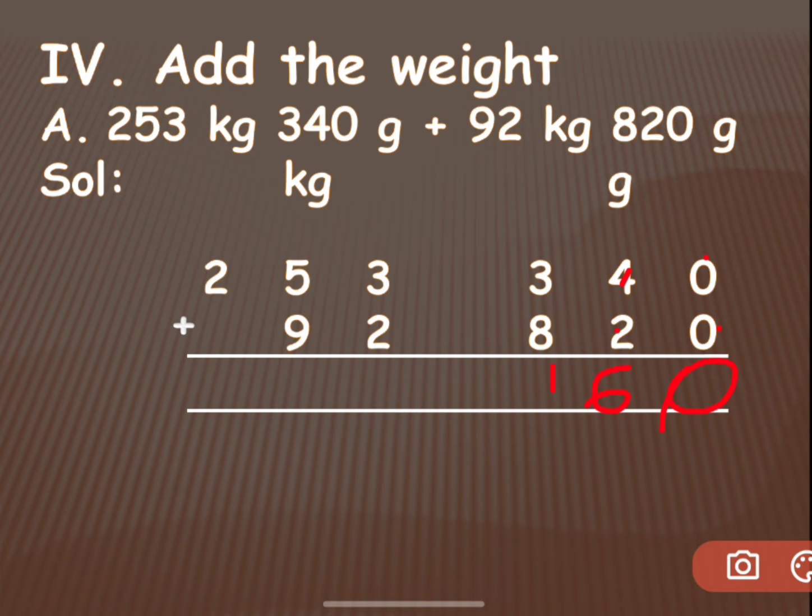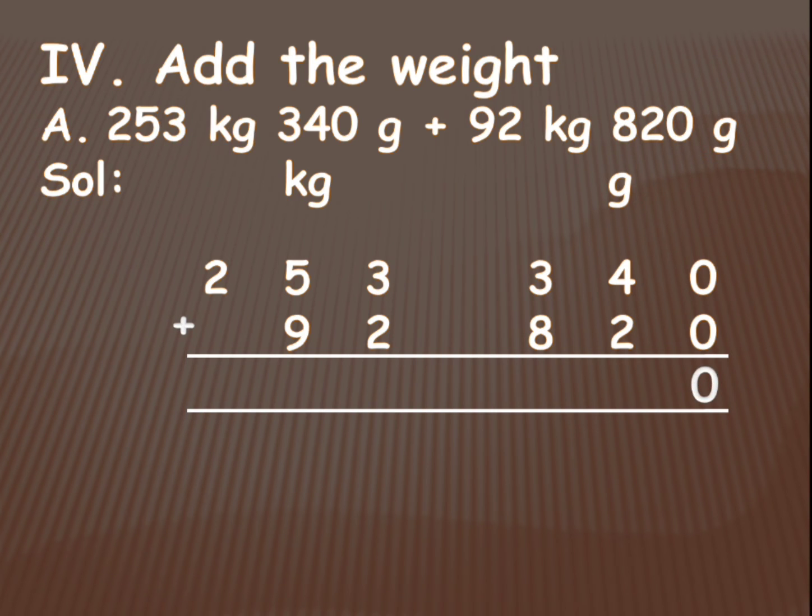So 1 you will write here and 1 you will carry to the kgs. 1 plus 3 becomes 4. 4 plus 2 becomes 6. Here now 5 plus 9 becomes 14, where you will write 4 here and 1 you will carry. 1 plus 2 becomes 3. So the answer is 346 kgs, 160 grams. So in that way only you will write.